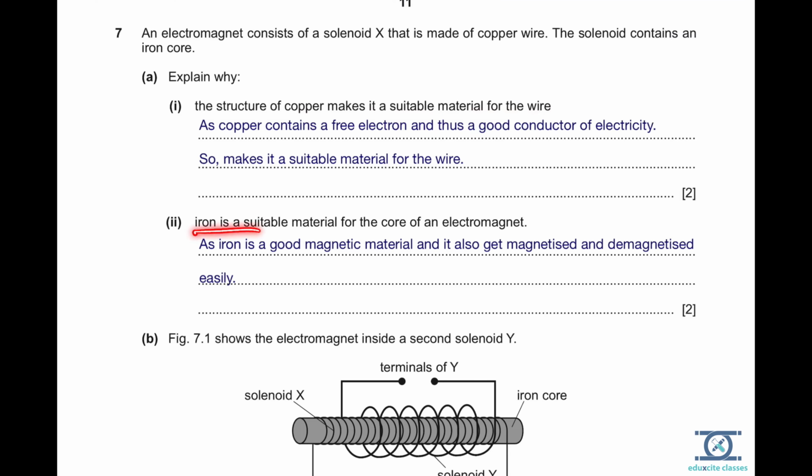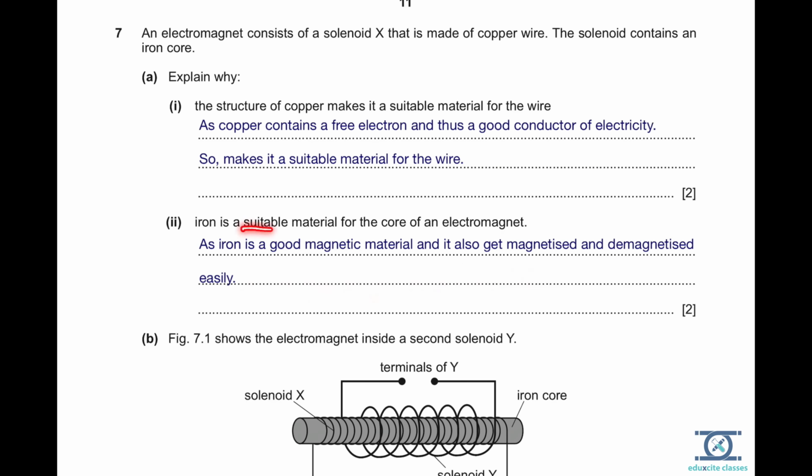Second part: iron is a suitable material for the core of the electromagnet. Why is it suitable? So iron is a good magnetic material, we all know, and it also gets magnetized and demagnetized easily. So we can say it is a temporary magnet. It becomes a temporary magnet easily and also demagnetizes easily.